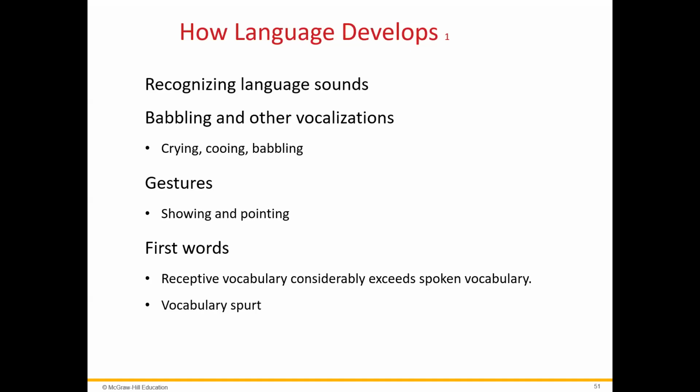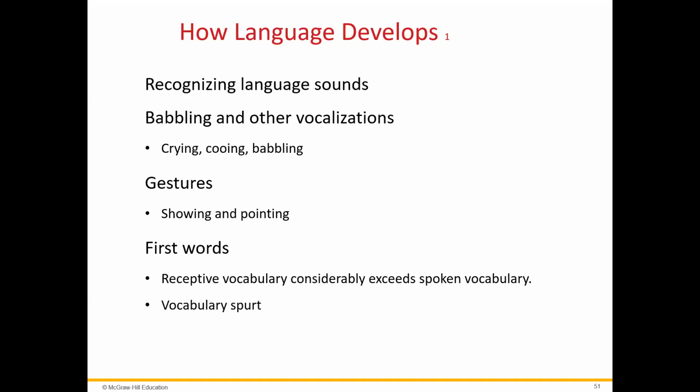And then they have a vocabulary spurt. Typically between a year and a half and 2 years, so between 18 months and 24 months, they will all of a sudden increase their vocabulary rapidly. I just told you that an 18-month-old can speak about 50 words. A 24-month-old, so at the age of 2, can speak about 200 words.